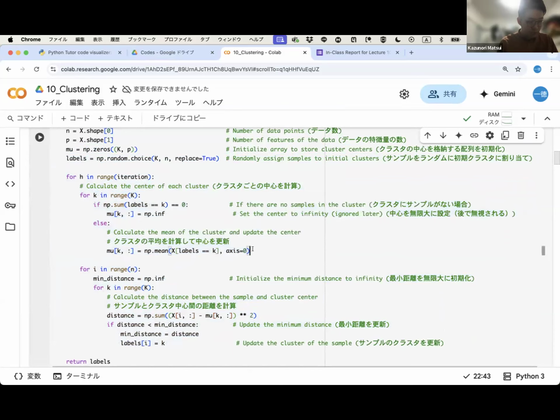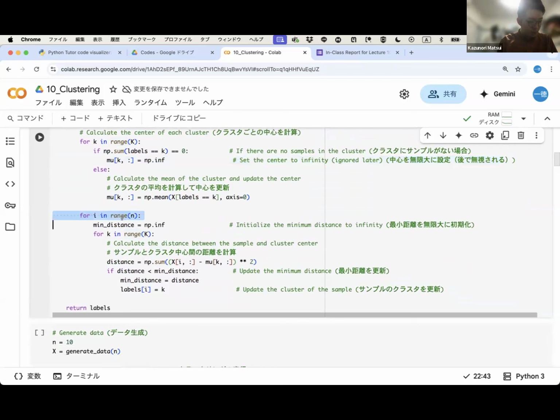If there are no samples in the cluster, we set it to infinity. By setting it to infinity, it's extremely far away, so nothing gets assigned there. Next, for each data point, we set the minimum distance to infinity and run a program to find the minimum value.